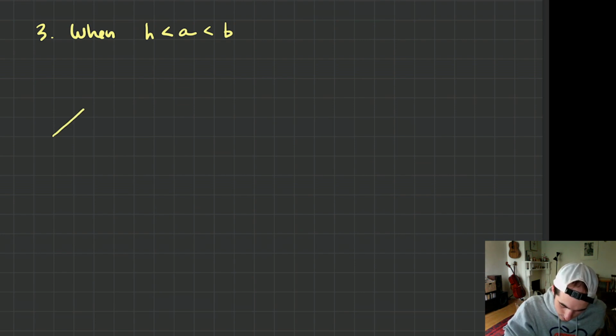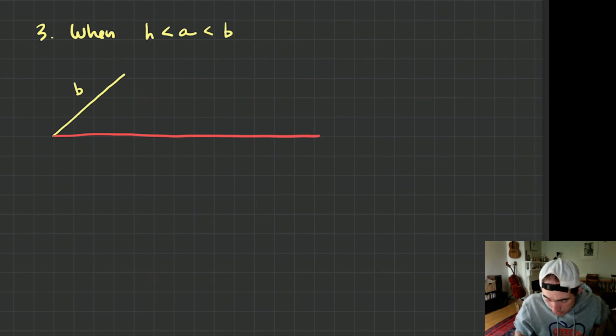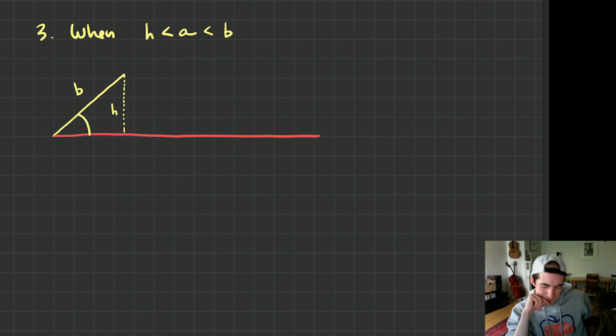So here is the side B, and I don't know the length of this, so I'm just going to extend it because we don't know how long it is, so let's just see how long it must be. Here's the angle that I know, and then here is A. Now I'm going to start off by drawing H. So here's my H. And, well, here's the thing.